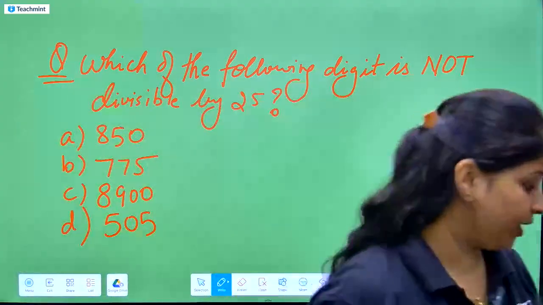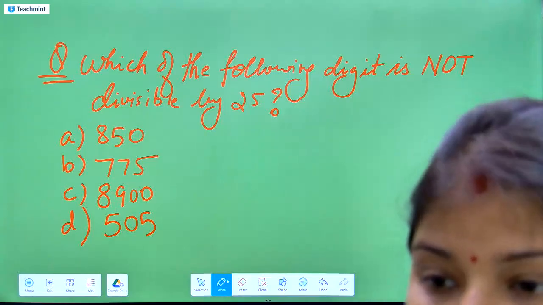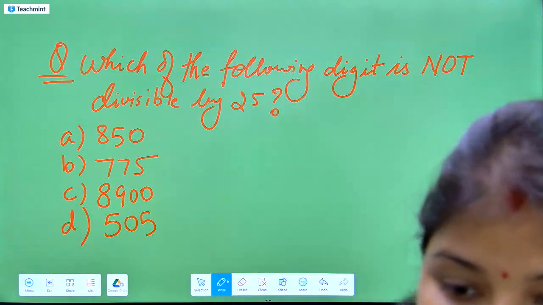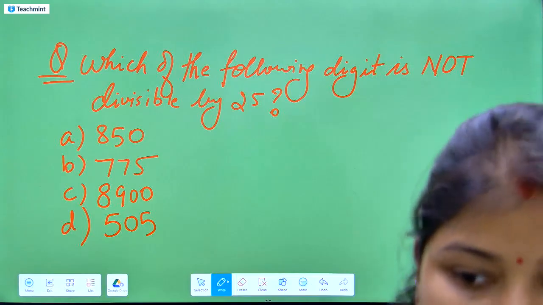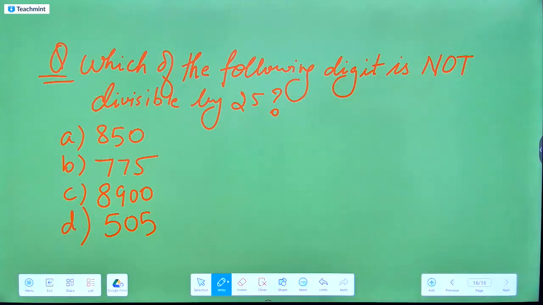Here you go. Ma'am, can you show me the previous one? I didn't write that. Just a second, Gayatri. Go for this poll and then I'm going to show you the previous slide.